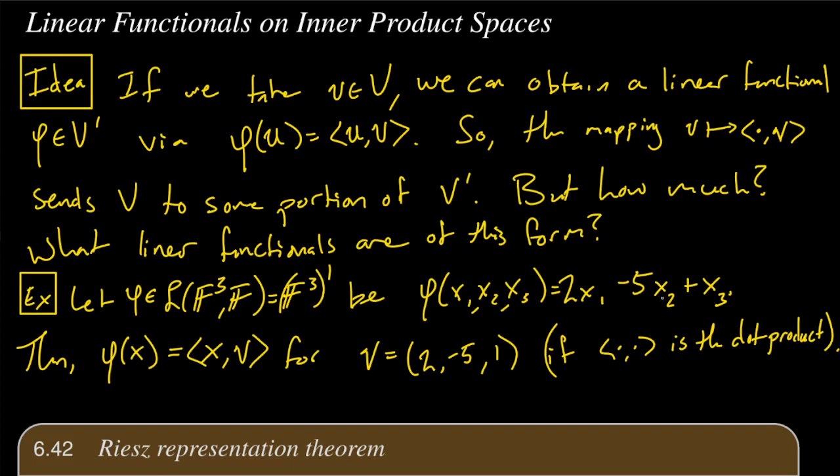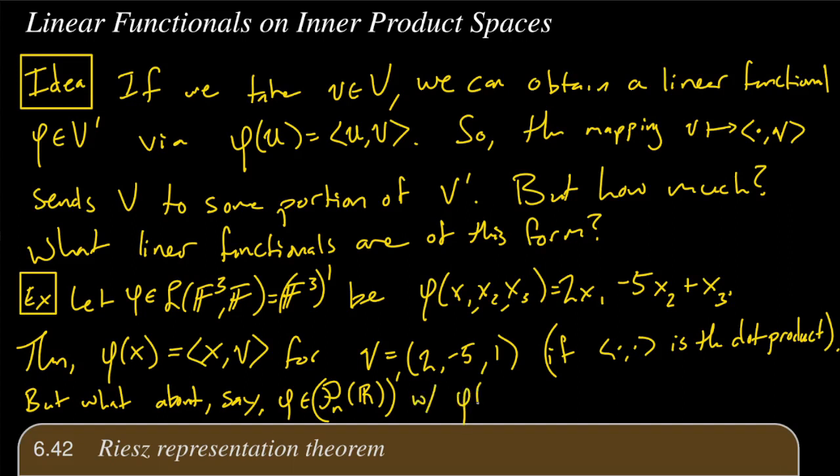But there are other things. For example, what about phi in the dual space of the polynomials of degree n over the reals, with phi of p equal to the integral from a to b, any old a to b, of p of t times cosine of t dt.